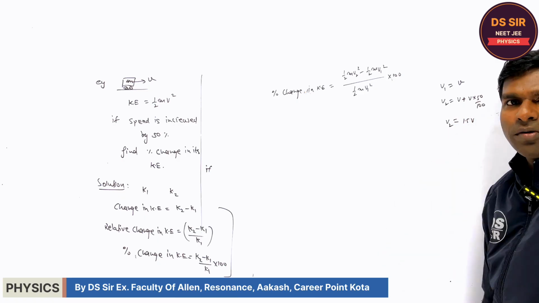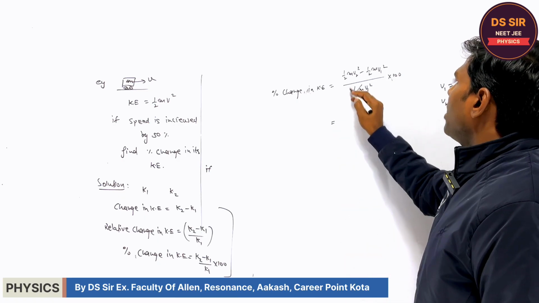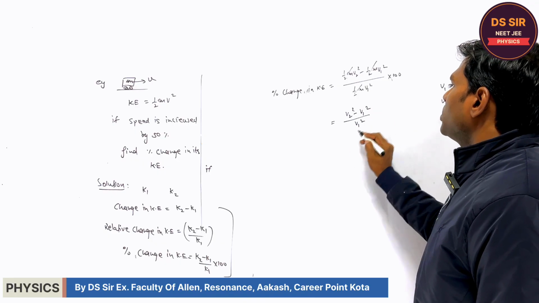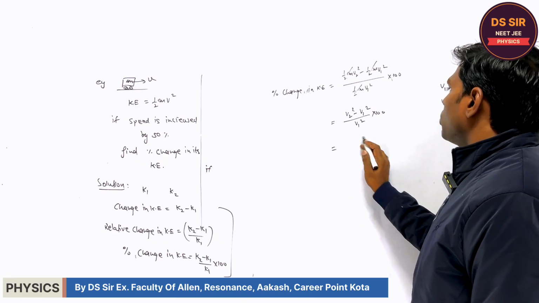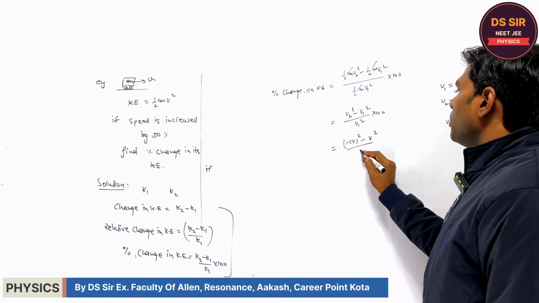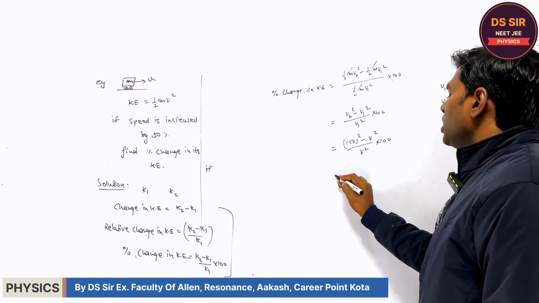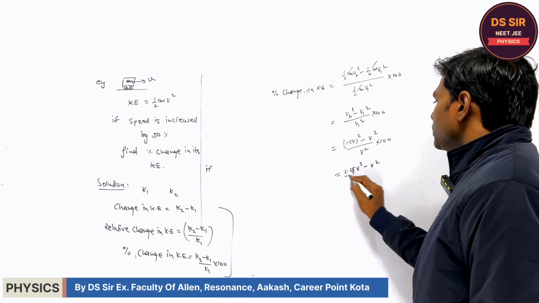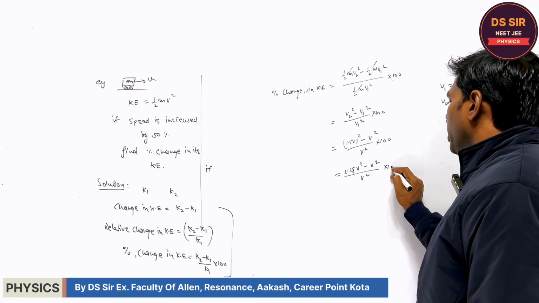You understand or not? So half m will cancel out. v2 square minus v1 square upon v1 square into 100 is equal to 1.5 v whole square minus v square upon v square into 100. It is 2.25 v square minus v square upon v square into 100.